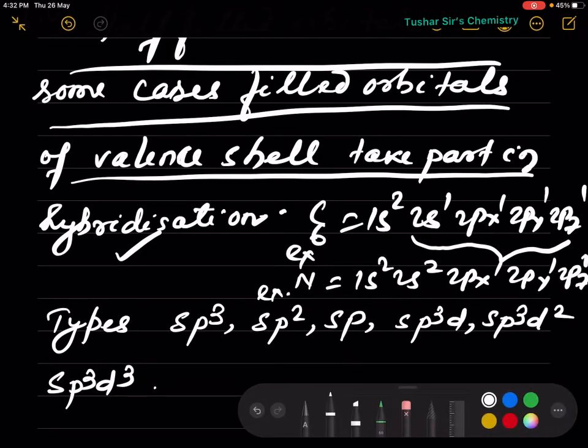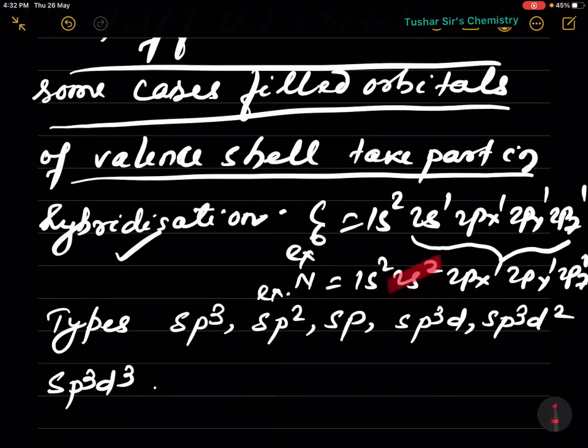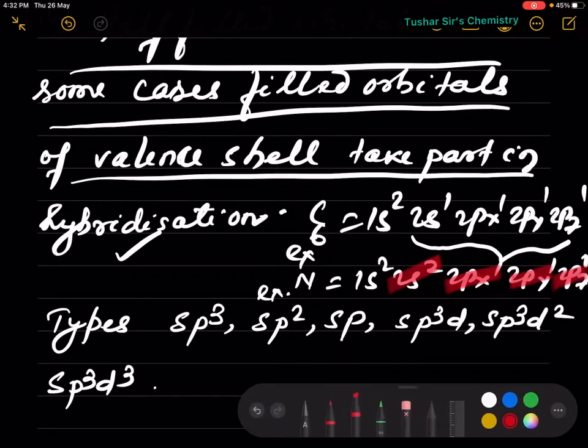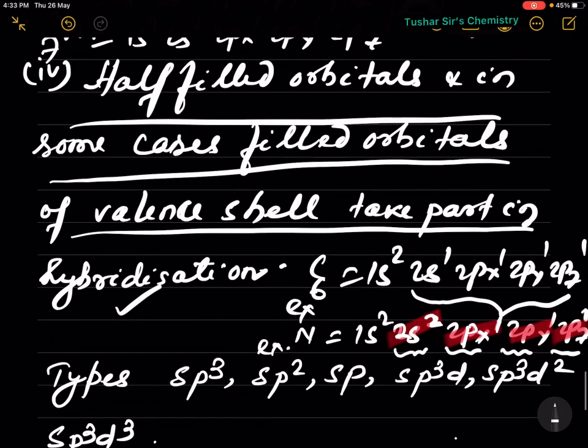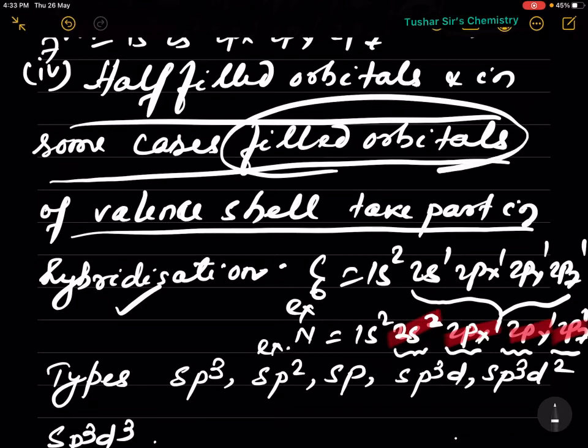You see here, these 2s, 2px, 2py, 2pz all take part in hybridization, but here 2s is fully filled. Though it is fully filled, it can take part in hybridization. So half-filled orbitals, and in some cases filled orbitals like 2s2 in nitrogen, of the valence shell take part in hybridization.